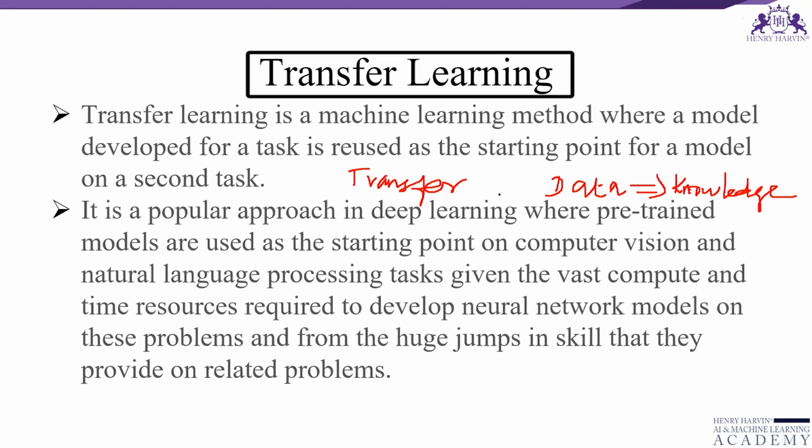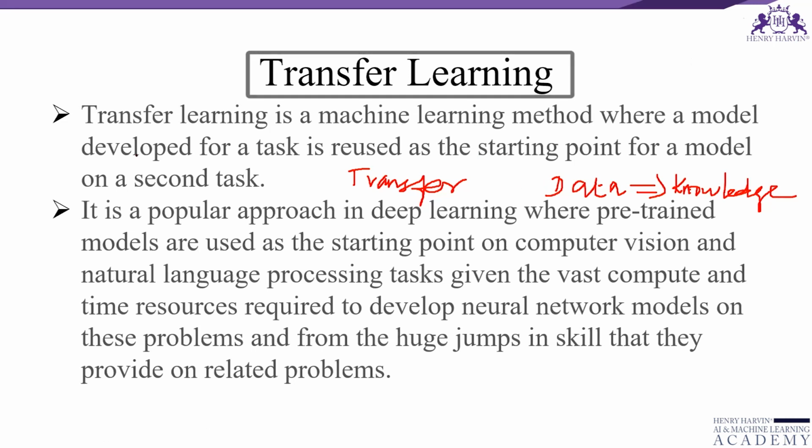Say, for example, a person who can ride a motorcycle, who can ride a bike, can easily learn to ride a car, right? So basically he has knowledge in driving the motorbike, and he is transferring that knowledge to learn the driving of a car.